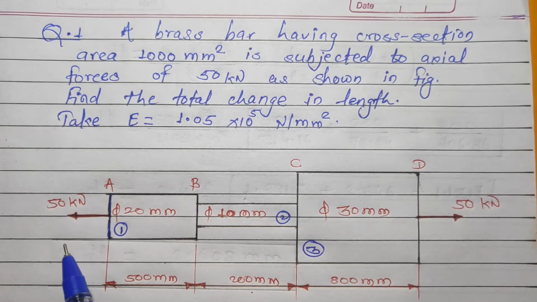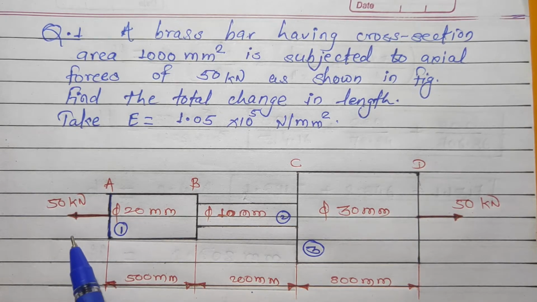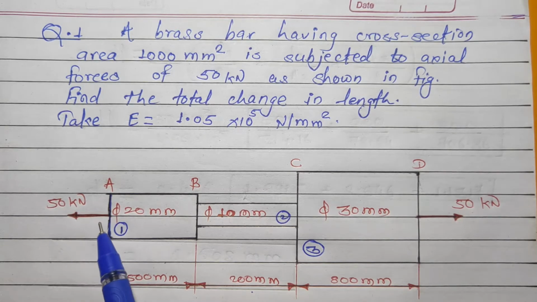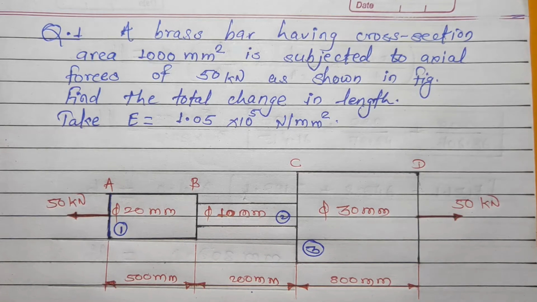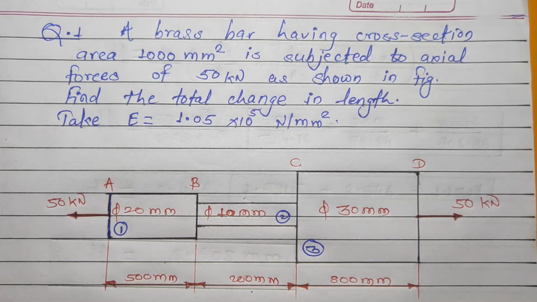The complete section is loaded by a 50 kN force at ends A and D. So our target is to calculate the change in length due to application of the 50 kN force.